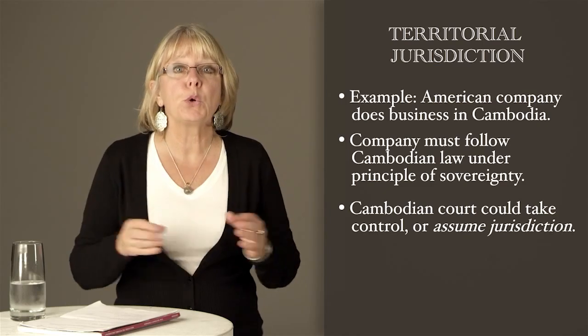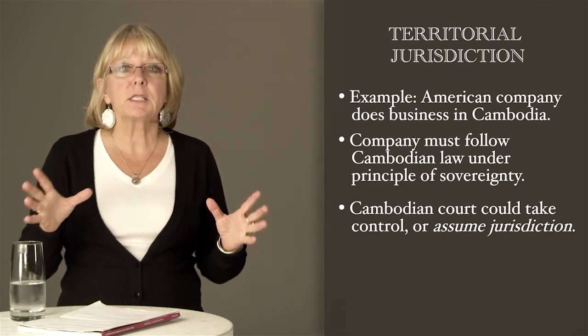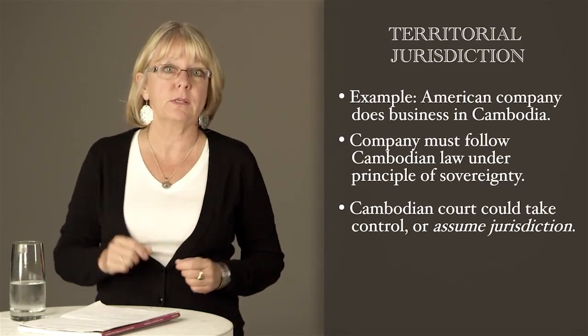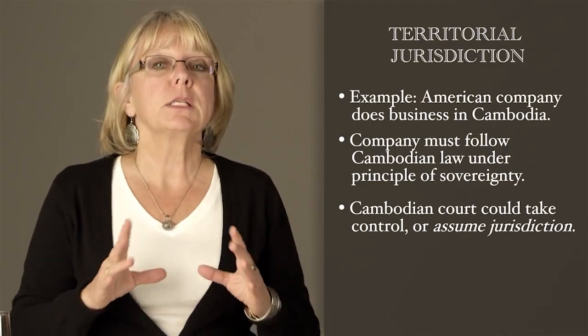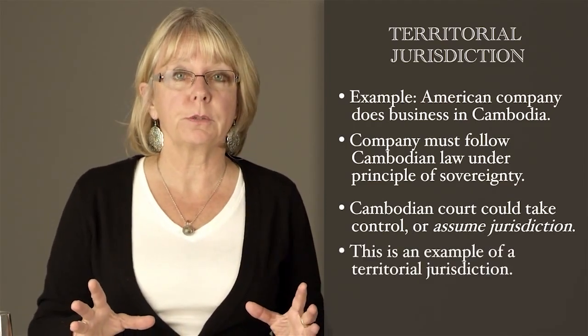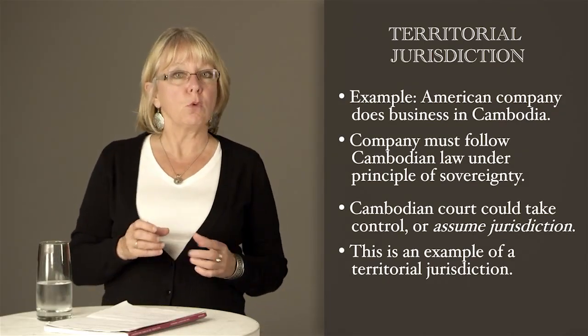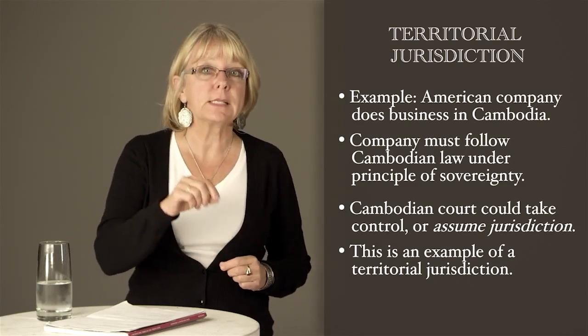The Cambodian court could make a decision or judgment against the company and expect that courts in other countries would enforce it. So this is an example of territorial jurisdiction. A country's courts will assume or accept jurisdiction over a case that involves its territory.